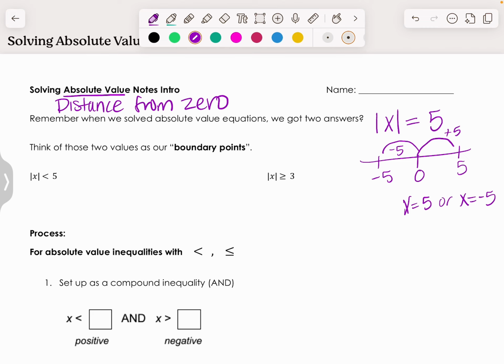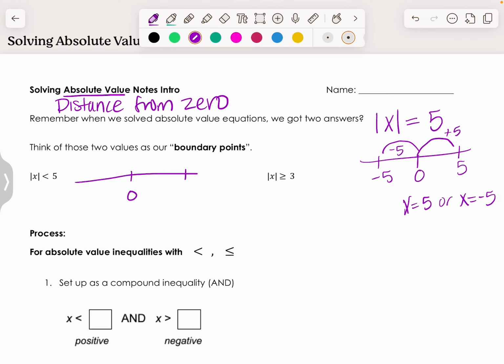Today we're going to talk about absolute value with inequalities, and we need to think about those inequalities kind of as our boundary points. If we have the absolute value of x is less than 5, we have to think about our number line again and what would make this true.